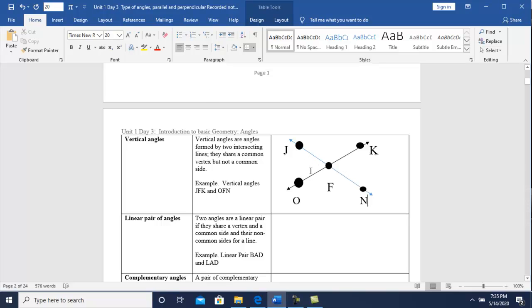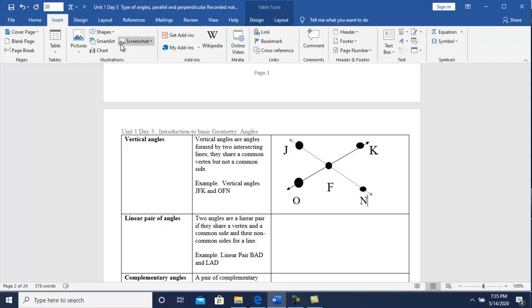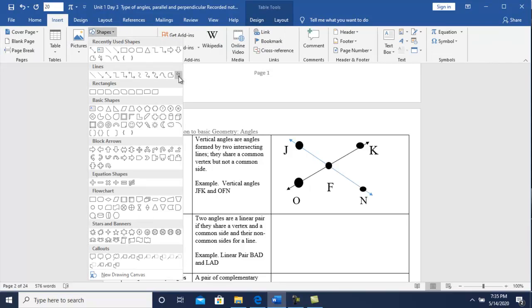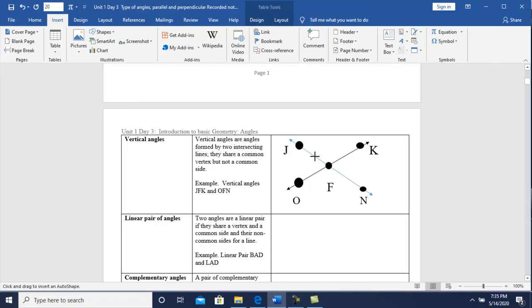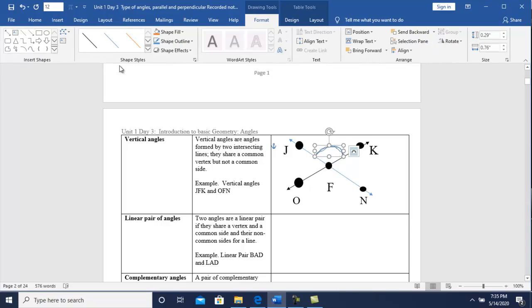So we're referring to the top and the bottom. So let's do this. We're just going to draw this angle here, the top one here.